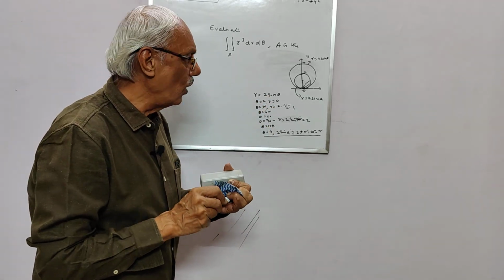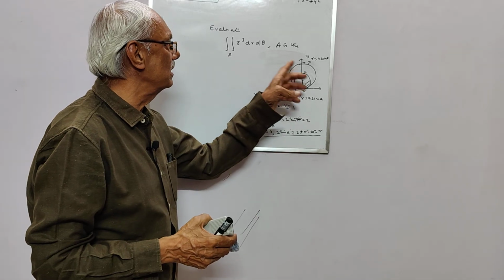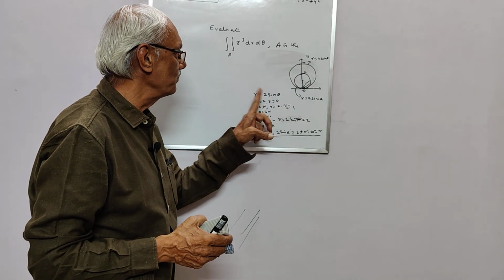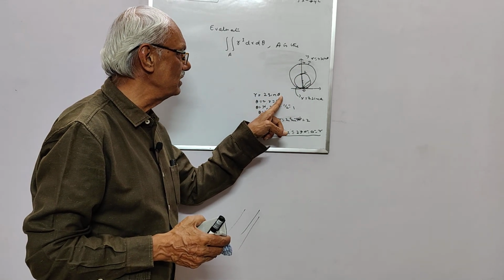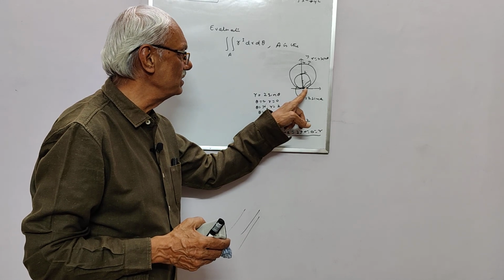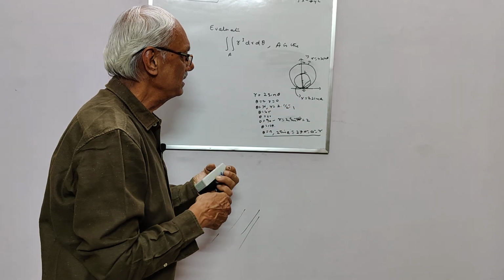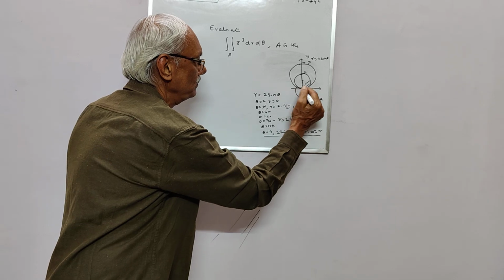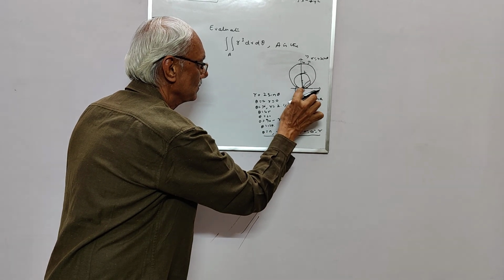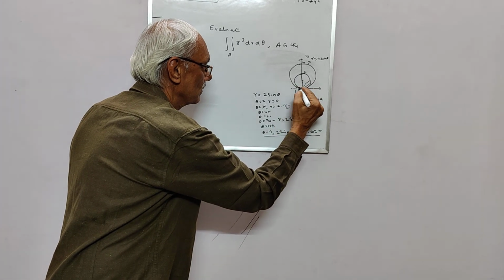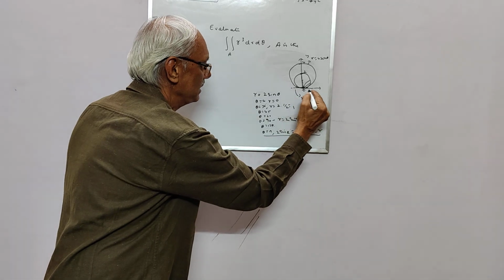I will explain this again. See how I am drawing this circle, r is equal to 2 sine theta. You give theta is equal to 0, your r will be 0 at the same point here. So this is 0, 0.